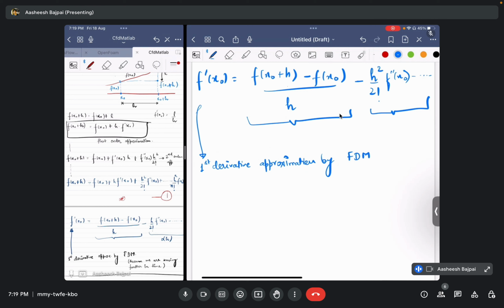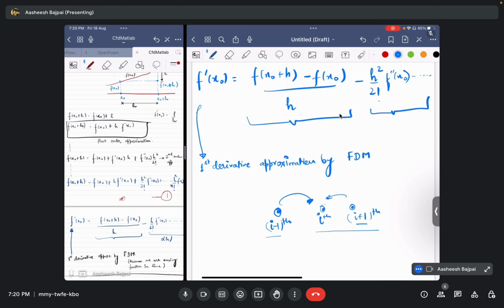We call it forward difference when, suppose this is the ith point and this is the i plus 1th point, we calculate the derivative at the ith point using the i plus 1th point's value. And if I am calculating at the ith point from the i minus 1th point's value, then it is called the backward difference method.